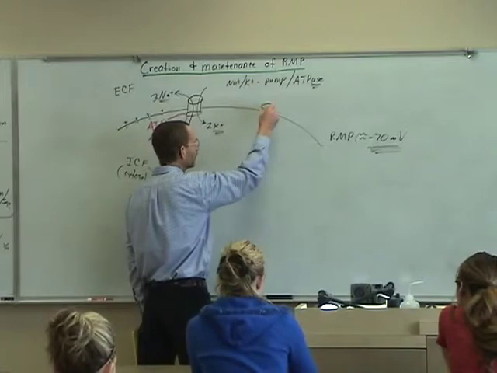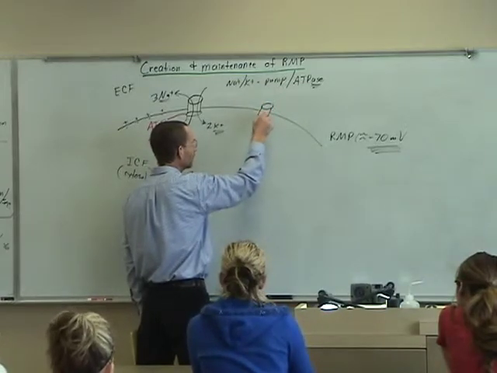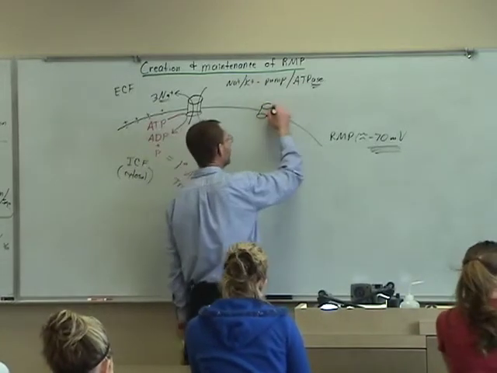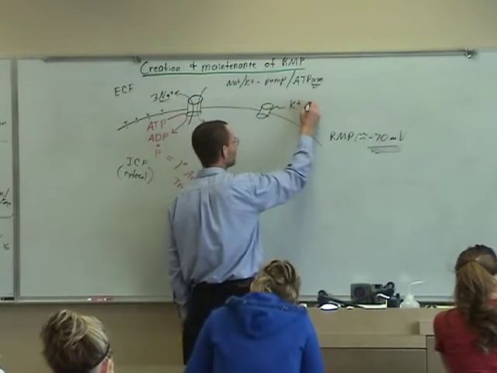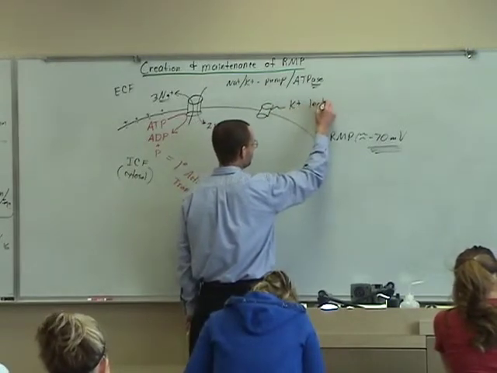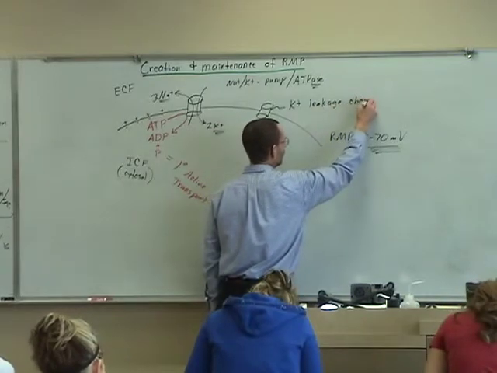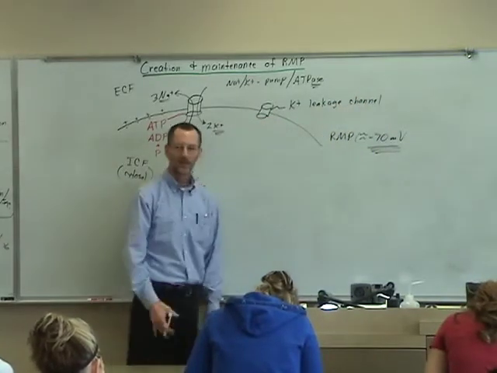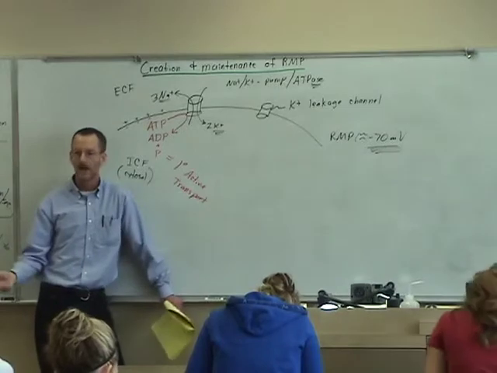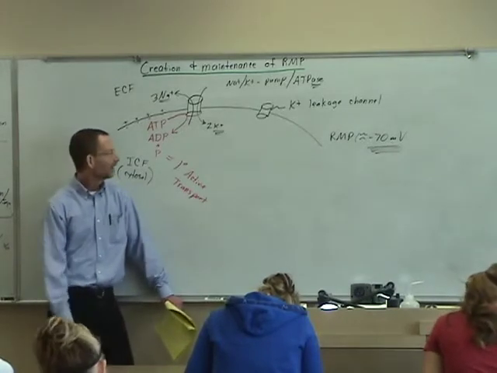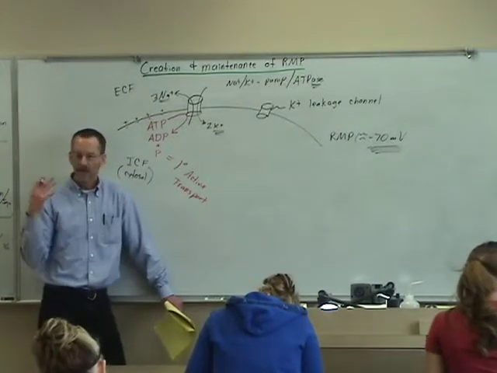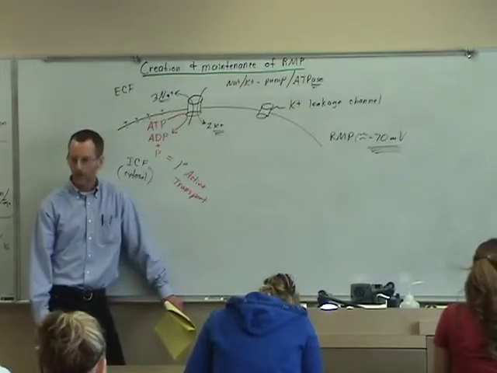So let's put another protein in here, another integral membrane protein, and this is a potassium leakage channel. The idea is that it's just open all the time at rest, and potassium is constantly just leaking through it.